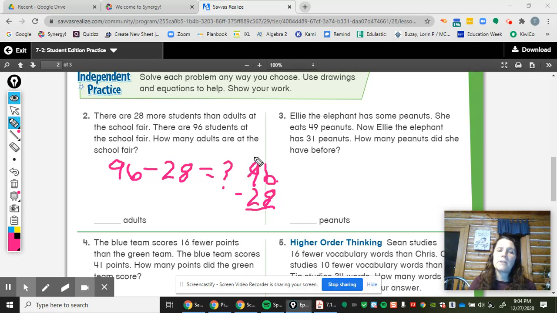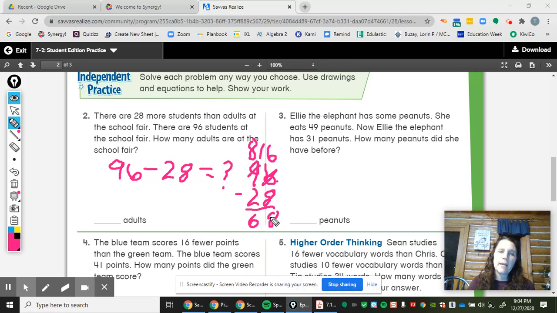So we cross off the 9, make it an 8, cross off the 6, make it a 16 because we brought 10 over and added it to the 6 that were already there. So 16 take away 8, that's a double. 8, and 8 take away 2 is 6. So there we go. So let's see if that makes sense.